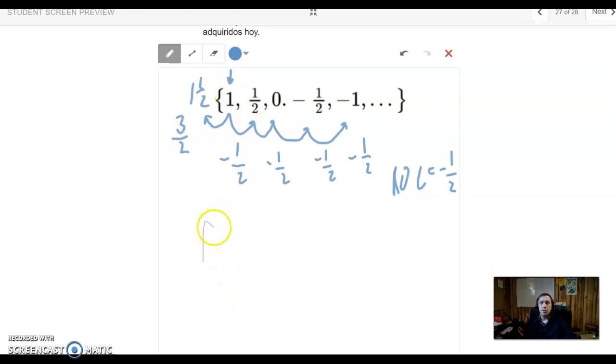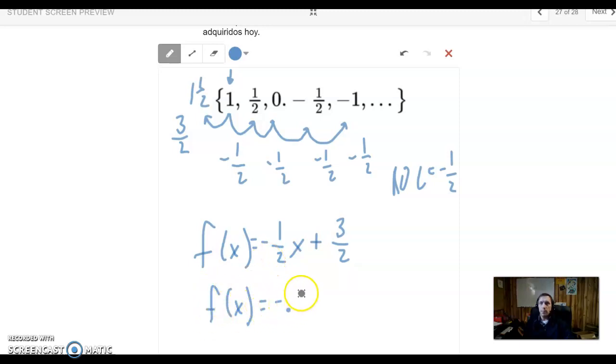And so this function is f of x, my rate of change is negative 1/2, looks a lot like the slope, same idea, and we're starting at 3/2. You could have written it this way. A lot of you like Desmos, so here's one more way: negative 0.5x plus 1.5. Exact same function, one with fractions, one with decimals.